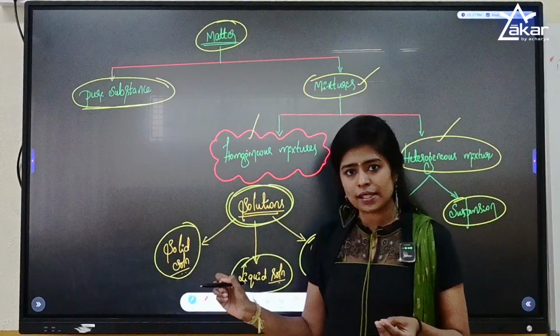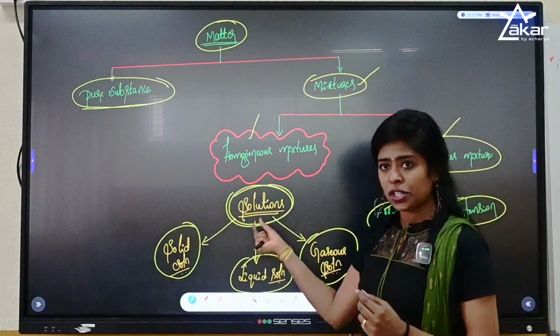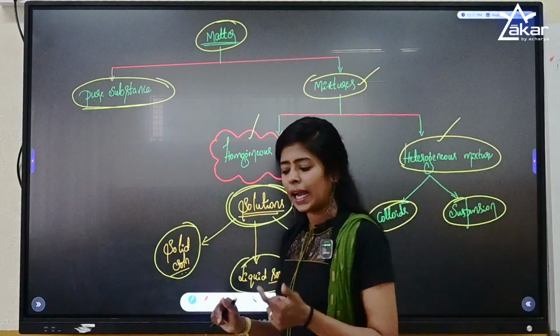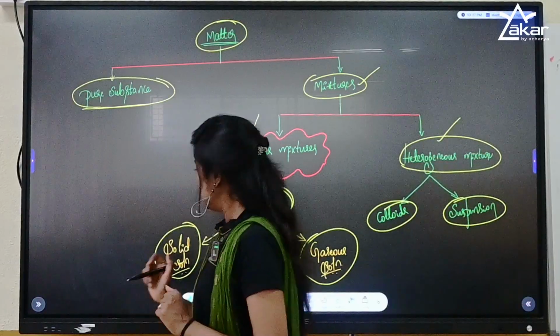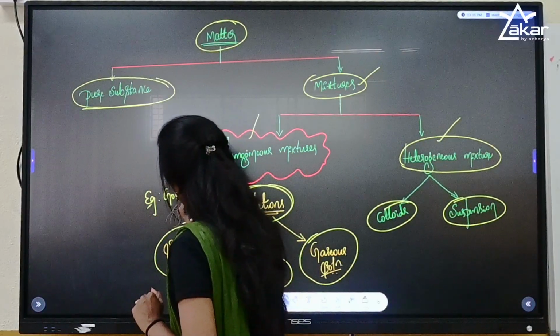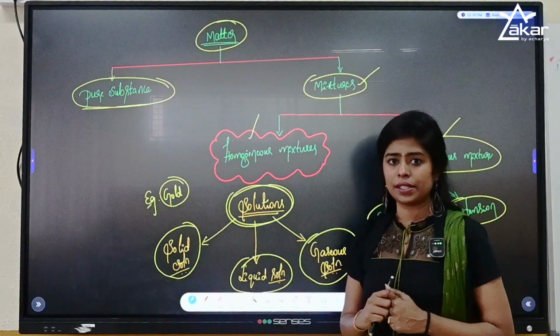Why are we calling it a solution? Because a solution has 2 important components, one is solute and the other one is solvent. Even if you take the example of gold, gold has more than 2 components in it.